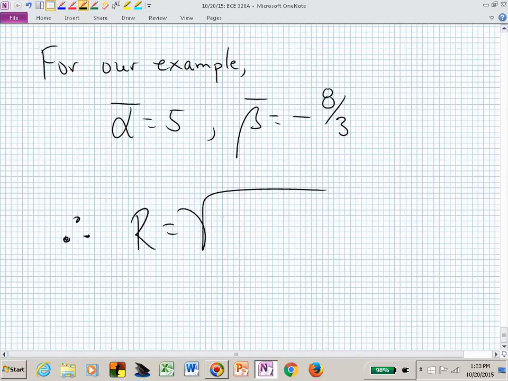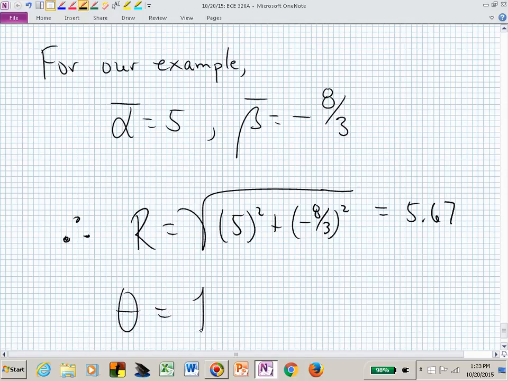R is the square root of 5 squared plus 2 2/3 squared, which is 5.67, and theta is now the inverse tangent of minus a minus 8/3 over 5, or 8 over 15, which is 28.07 degrees.